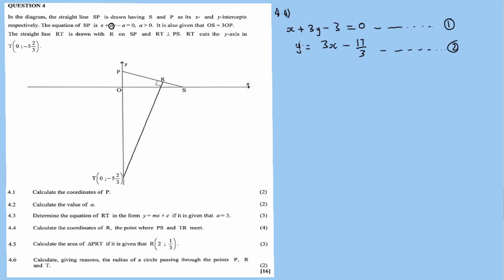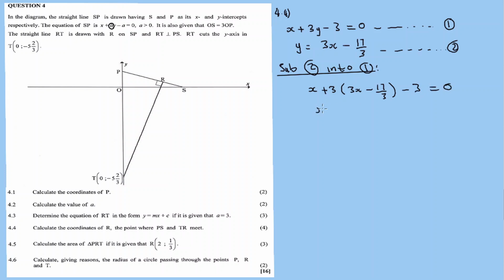So what do I do? I take y and substitute it into equation 1. So we substitute equation 2 into equation 1, right? It's a simultaneous equation. So we say x plus 3, where there's y I put 3x minus 17 over 3, minus 3 equal to 0.